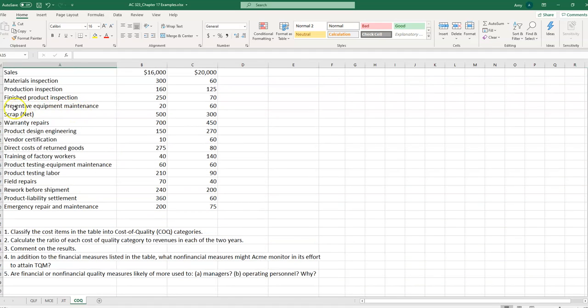Next, we have preventative equipment maintenance. Well, that's right in the title. Preventative is a preventative cost.